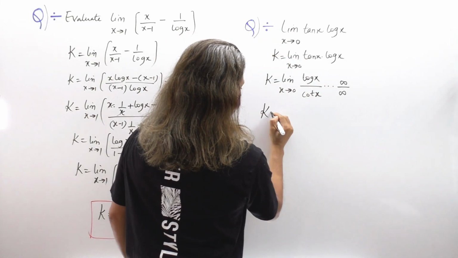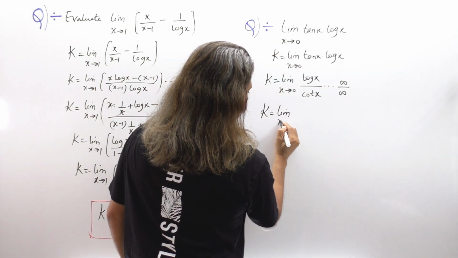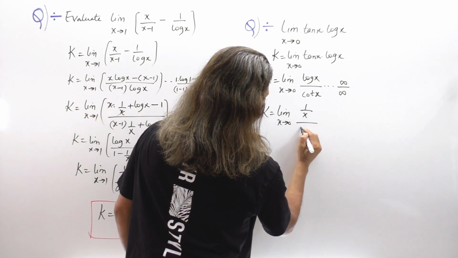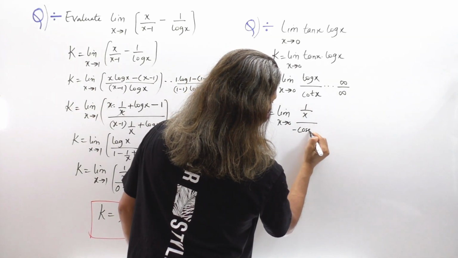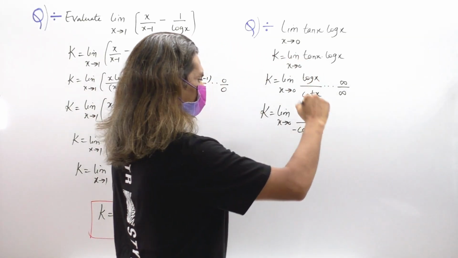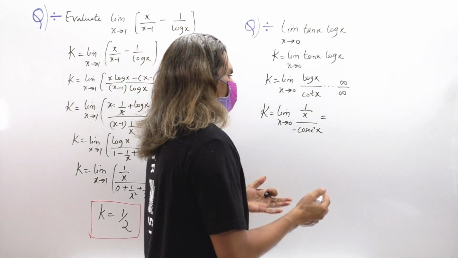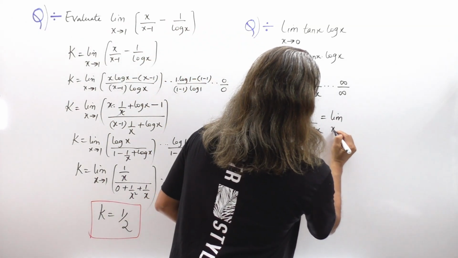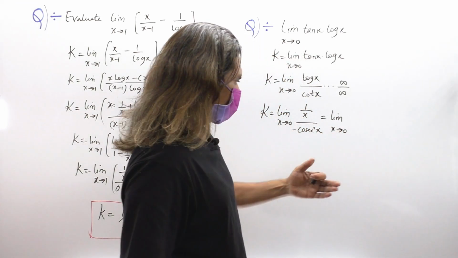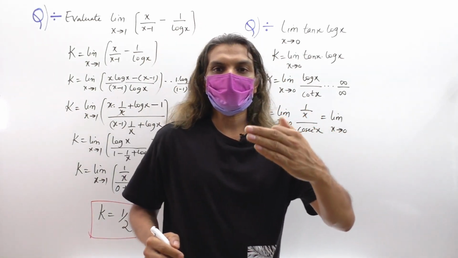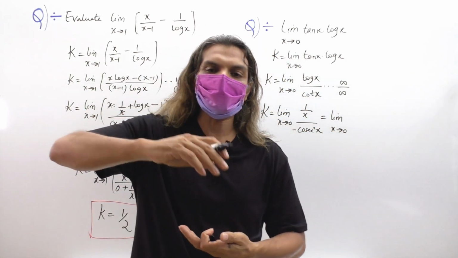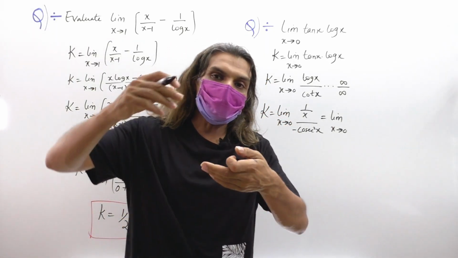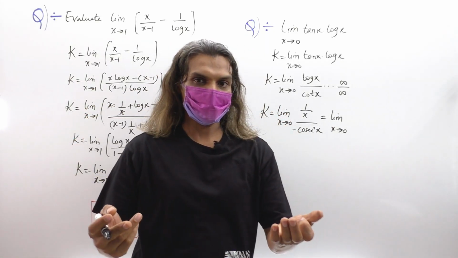So k is equal to limit as x tends to 0, differential of log x is 1 by x, and differential of cot x is minus cosecant square x. So this we can rewrite as limit as x tends to 0. See, the reciprocal of sine is cosecant. 1 by sine is cosecant, so 1 by cosecant is sine.